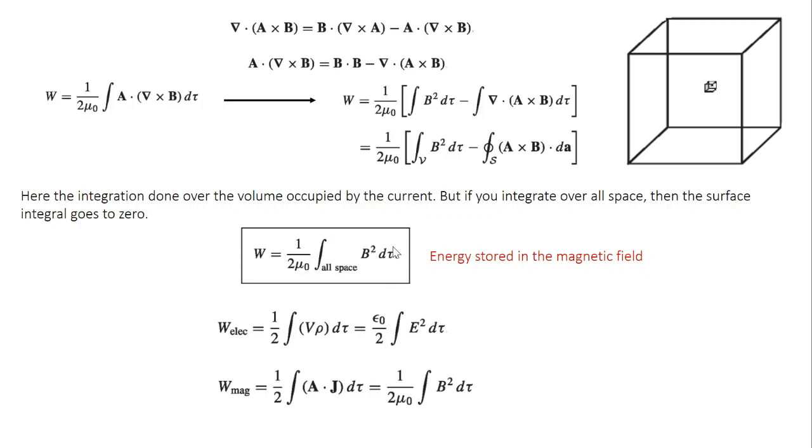Remember, we are setting up a current here. Initially there is no current and the magnetic field is also 0. Now when you are setting up the current, slowly the current strength increases, and the magnetic field strength also increases. Since you have a changing magnetic field, this produces an electric field.